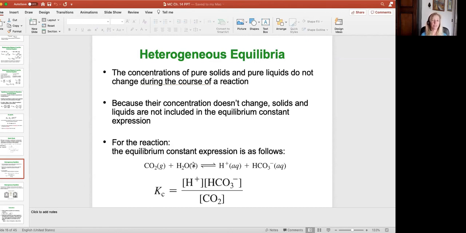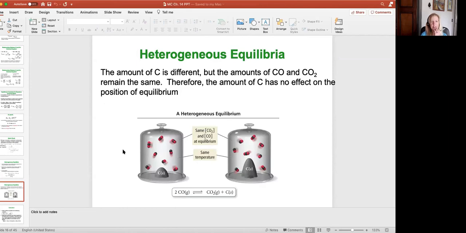I do have to include aqueous solutions, because an aqueous solution has a molarity, a concentration associated with it. So heterogeneous equilibrium means that if I have a chemical system and I have a solid or a liquid, the amount of that solid or liquid isn't going to change appreciably when the system reaches equilibrium. And so I'm not going to include it in the equilibrium mass action.